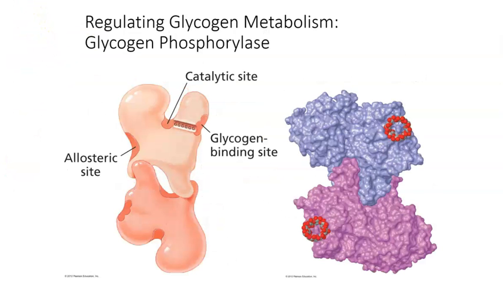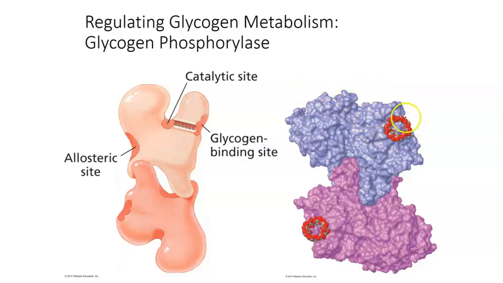Just as we talked about different ways of regulating glycolysis and gluconeogenesis, we can also regulate glycogen metabolism via glycogen phosphorylase. So this is glycogen phosphorylase. It's a dimer here, you can see a cartoon version on the left, and then more of a three-dimensional protein structure on the right.